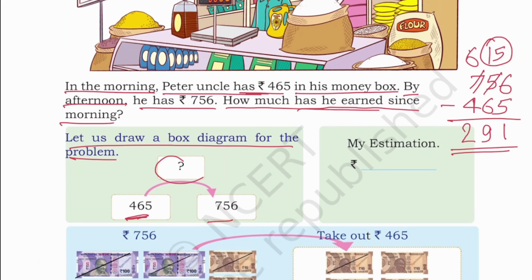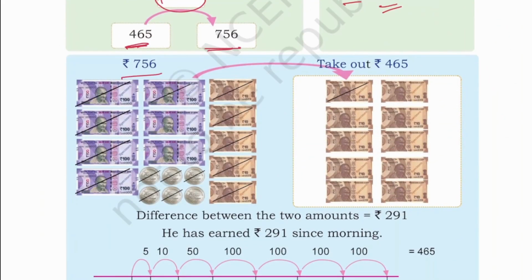465, what is added here will give you 756. My estimation, your estimation could be around 300. 756 means 7 hundred rupee notes, 5 ten rupee notes, and 6 one rupee coins. And from it, take out rupees 465.